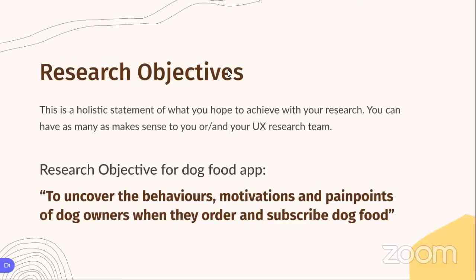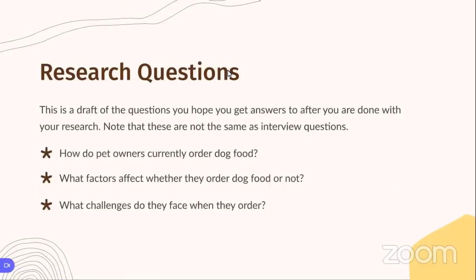And then you want to think about getting their pain points and their challenges, and make sure that each of these things are focused around the idea that you're trying to build, and you're not going in too many directions at once. And then you want to pen down your research questions. This is a draft of questions that you hope to get answers to when you are done with your research.